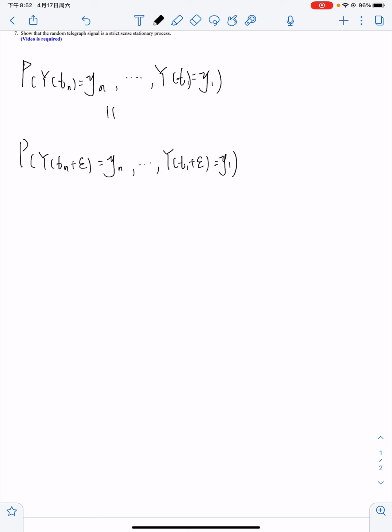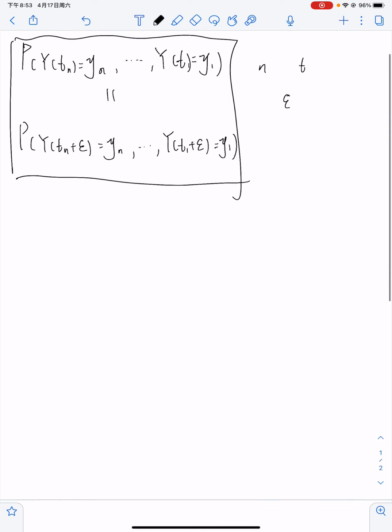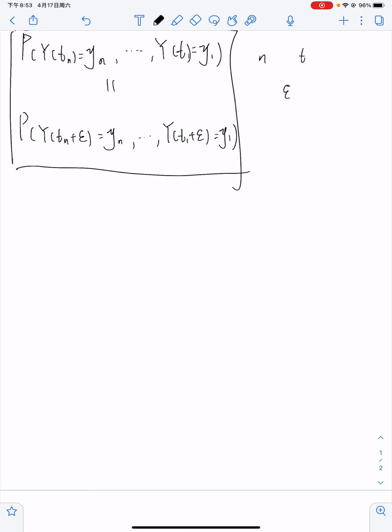So now we know we should prove this is established for any n, t, and epsilon.